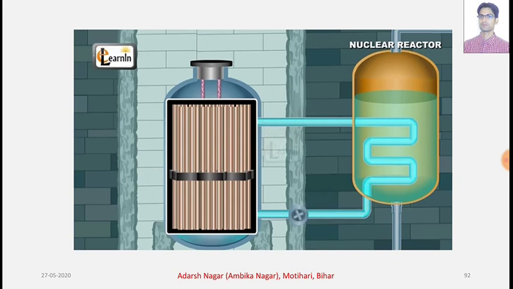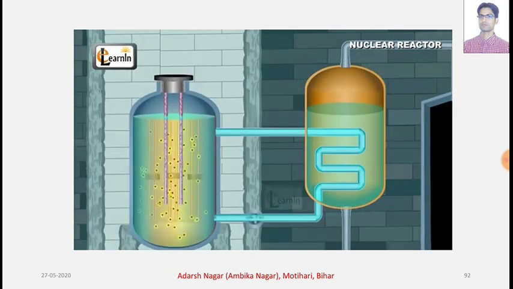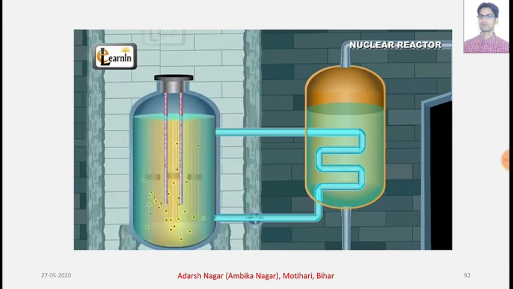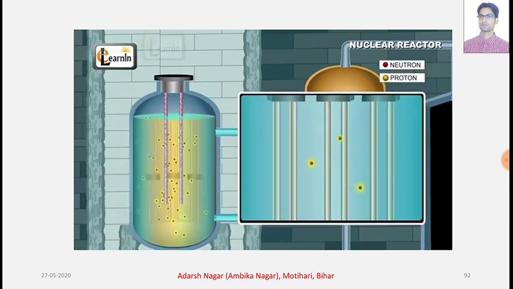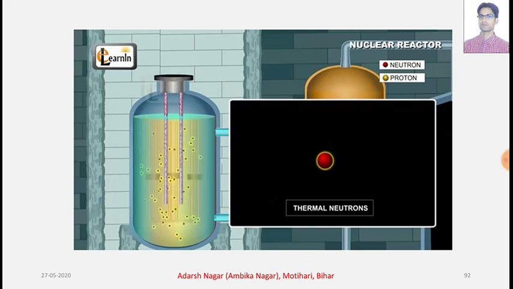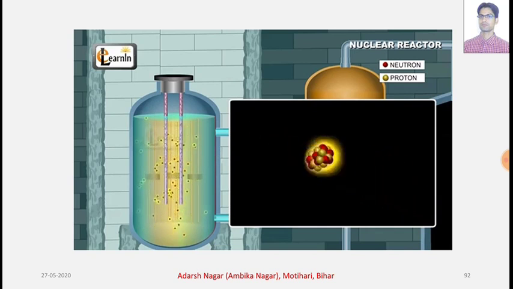You can see the arrangement of rods. This is the reactor core. This is the moderator that will moderate the speed. Here you can see splitting or striking the rod, and it splits into smaller and smaller thermal neutrons, that is 0.04 electron volts.